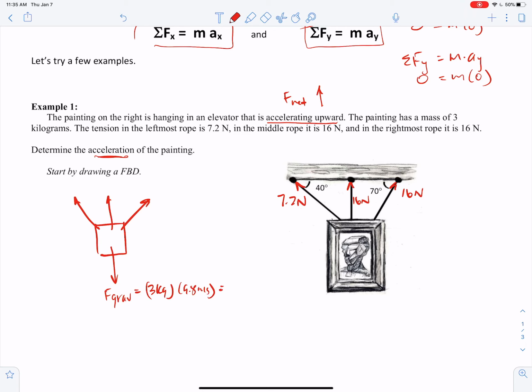So this is going to be 29.4 newtons. I'm going to call this T1. I'm going to call this T2. I'm going to call this T3. T for tension. We know that this is 16 newtons. We know that this is also 16 newtons. We know that this is 7.2 newtons.